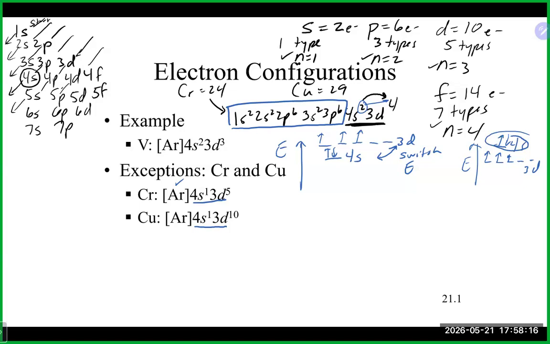That is why, for transition metals, valence electrons also equal the group number, the 1 through 18 group number as you go through that part of the table. If you look at something like iron, 3, 4, 5, 6, 7, 8, iron has 8 valence electrons.